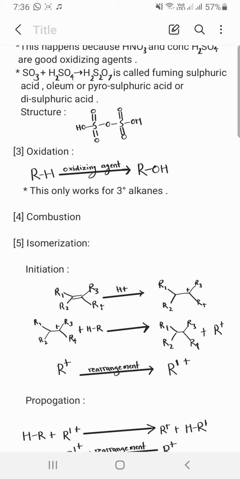This oxidation works with KMnO4 and some other oxidizing agents. It might work with, say, peroxide, I guess. Okay, right, obviously peroxide would work because the radical stability is almost similar to carbocation stability. So this will work for the 3 degree alkanes.